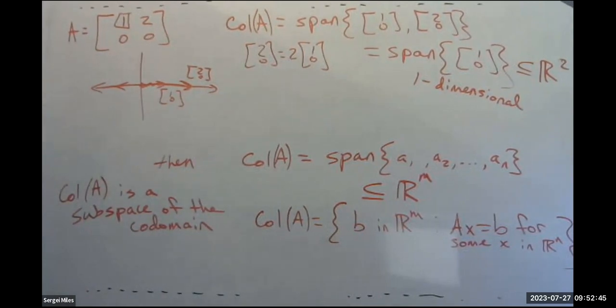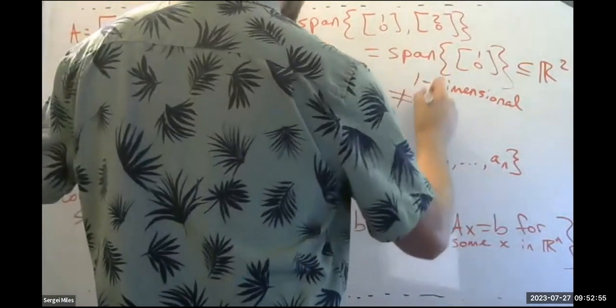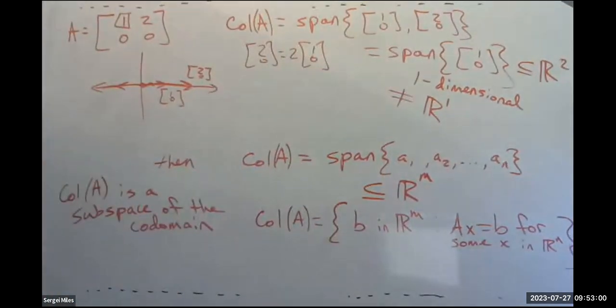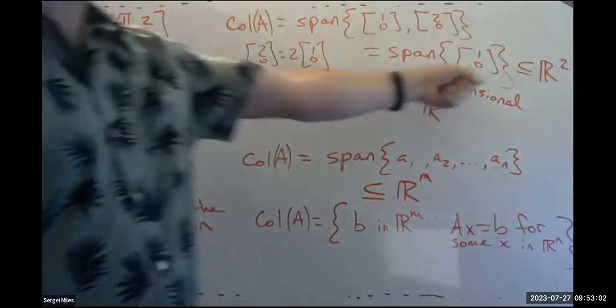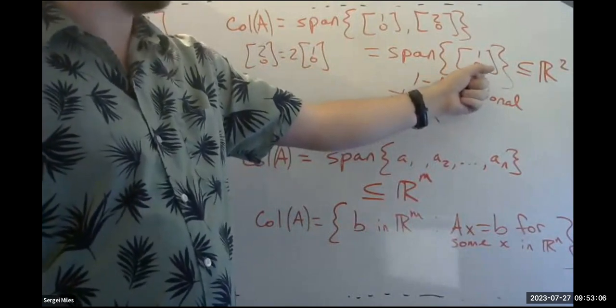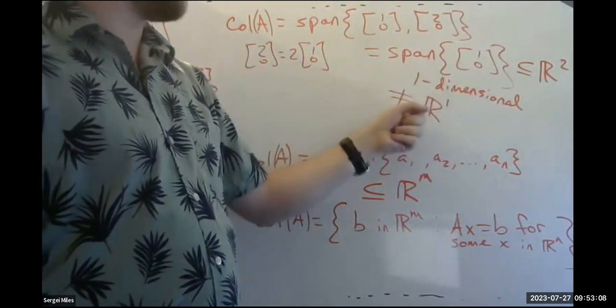Now, another key point I want to make, because I've seen some students making this mistake. Some students have talked to me about this. One-dimensional does not mean we're equal to R1, right? This does not mean we're equal to R1 because these vectors are still two-dimensional. These vectors still exist in R2, right? This does not equal R1.